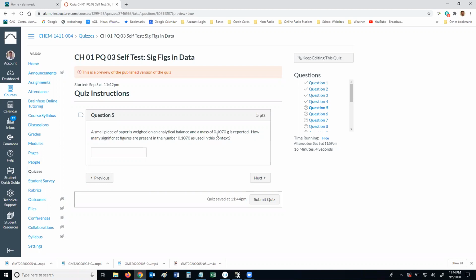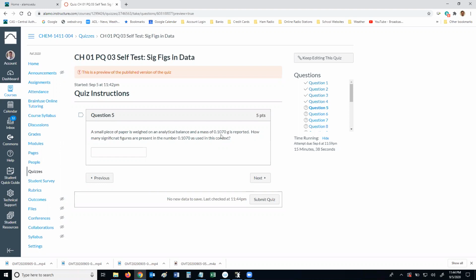So that 0 that comes before the decimal point is not significant. All non-zero digits are significant, so the 1 and the 7 are significant. We have a rule that says zeros between significant digits are significant. So that 0 between the 1 and the 7 is significant because it's sandwiched in between significant figures.